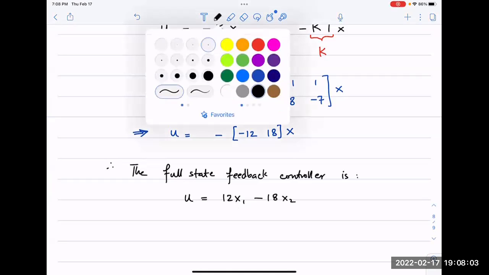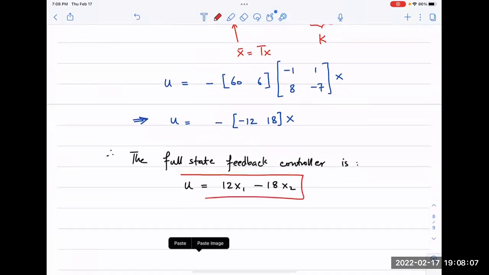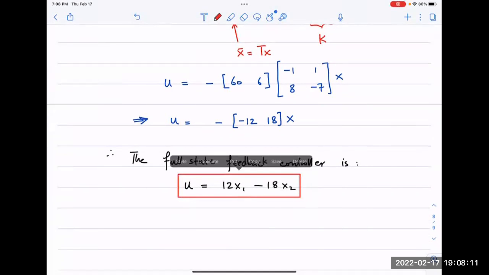So that is your final result, right? And you can verify that if you use this u, then the resulting poles of the system are going to be at minus 10 plus minus j. So you have achieved your objective.